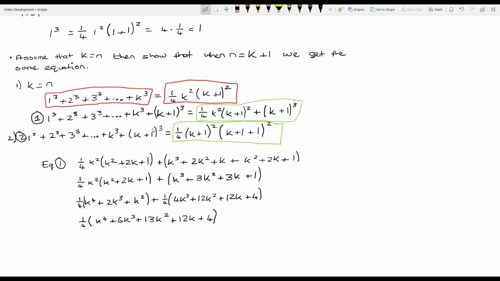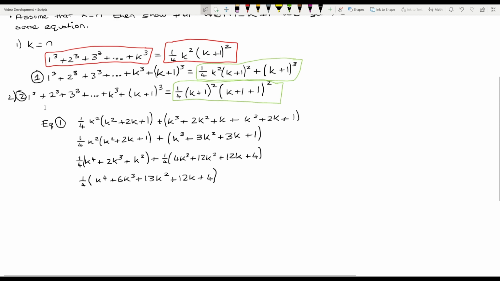And now we've simplified our equation 1 as much as we can. So now we're going to simplify equation 2. So equation 2 is a quarter of (k plus 1) squared times (k plus 2) squared, because 1 plus 1 is equal to 2.